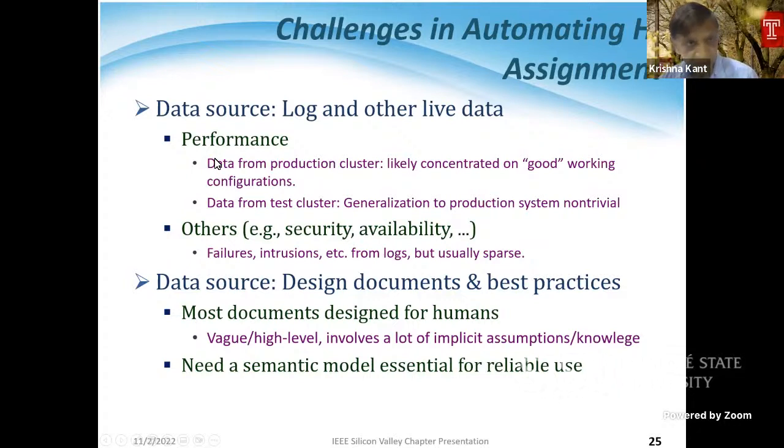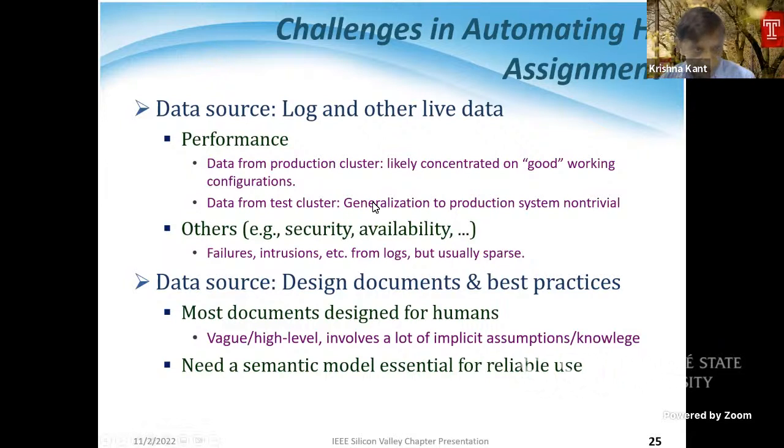And in addition, there will be data regarding failures, security intrusions, and all of those other problems. We can definitely make use of that data. The problem is that most of this data is sparse.